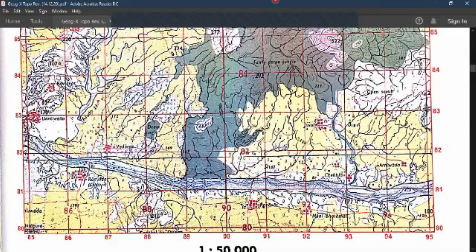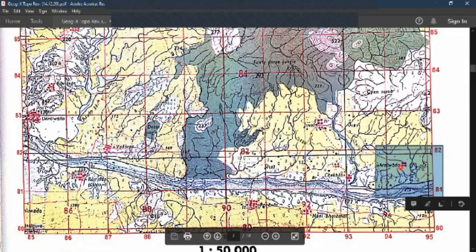Now, let us start with the questions. The first question is, give the 4-figure grid reference of village Arnivada. First of all, this is village Arnivada, which is shown with the red colored boxes.